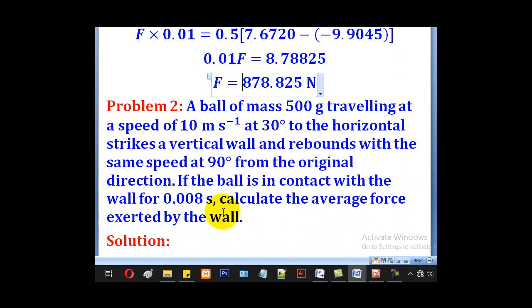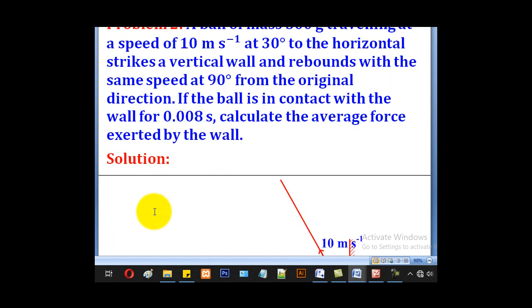Problem 2. A ball of mass 500 grams traveling at a speed of 10 meters per second at 30 degrees to the horizontal strikes a vertical wall and rebounds with the same speed at 90 degrees from the original direction. If the ball is in contact with the wall for 0.008 seconds, calculate the average force exerted by the wall.